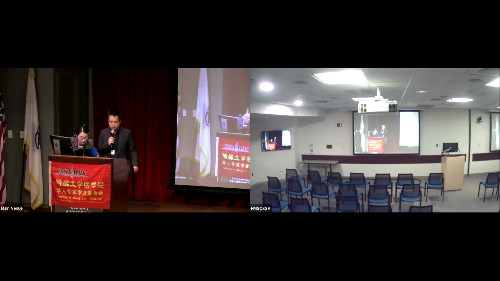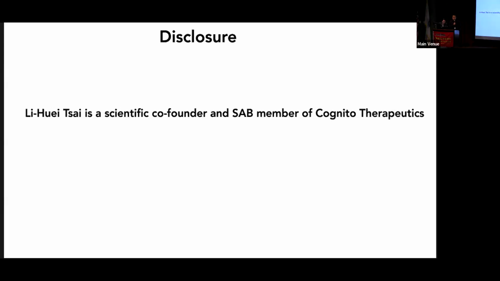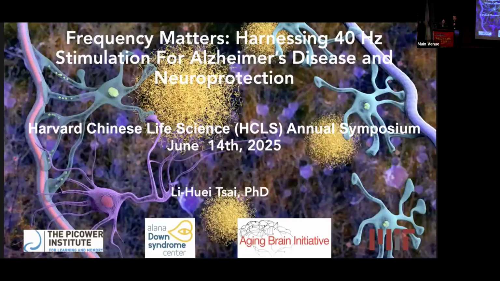Dr. Tsai's research has been instrumental in uncovering molecular mechanisms behind neurodegeneration and memory loss, ranging from her early work on CDK5-mediated neurotoxicity to the recent invention of GENUS, a non-invasive approach that uses 40 Hz sensory stimulation to reduce amyloid plaques and tau tangles, enhance brain clearance, and do many other things in mouse models of AD, and I believe is currently in clinical trials.